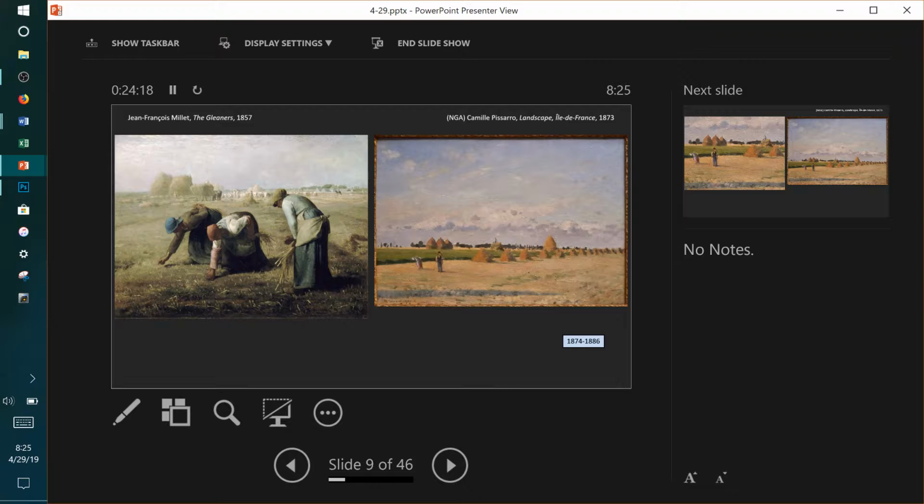Remember, the gleaners is about these impoverished rural workers who were graciously allowed, I'm speaking sarcastically, graciously allowed to go repick a field that had already been harvested. And anything the industrial farm had left behind was theirs to take. And they could use it to feed their families.